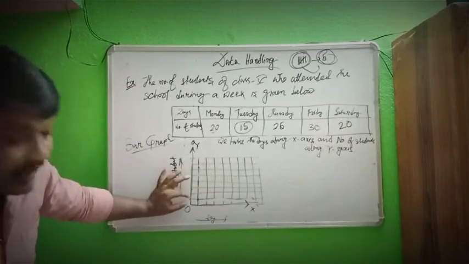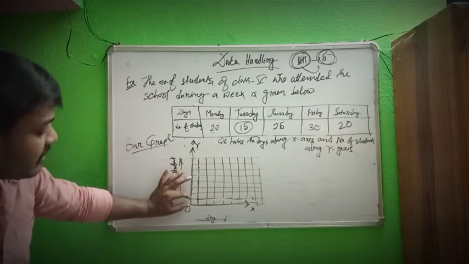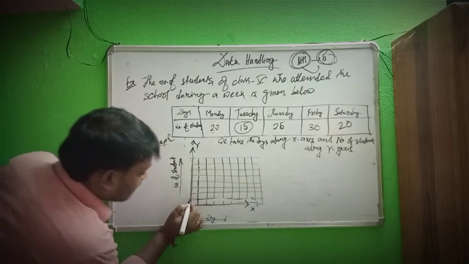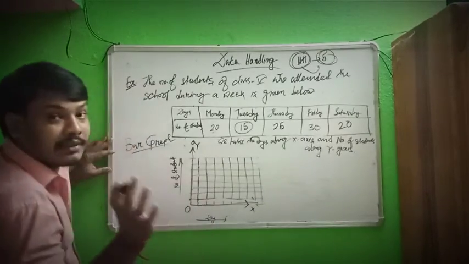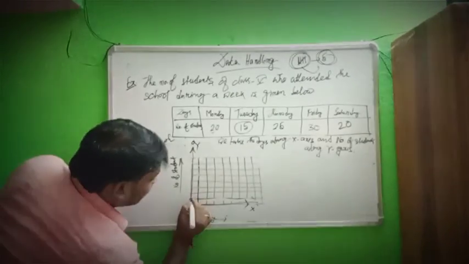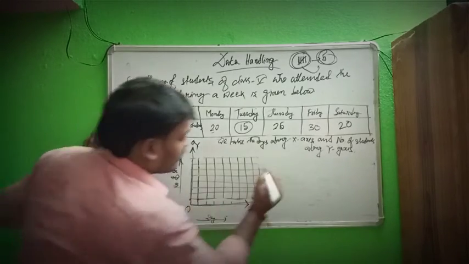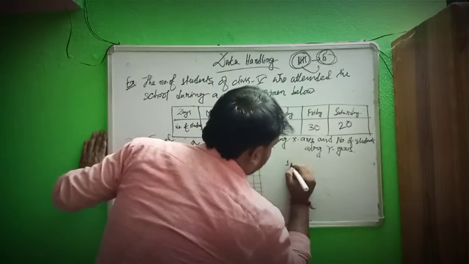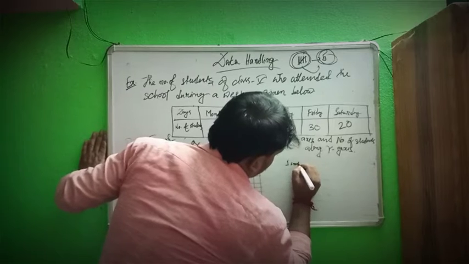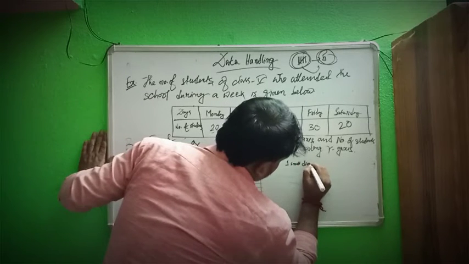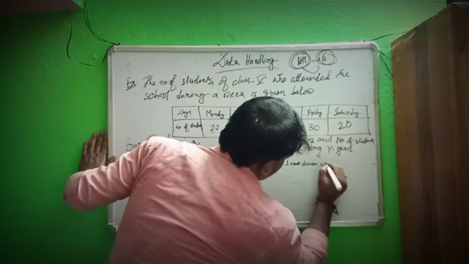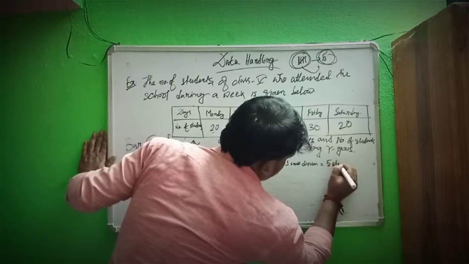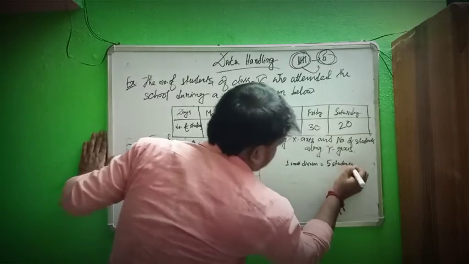So if we draw a bar graph, we need to choose one scale. What does this division represent? This much length defines how many students? So we will take here one small division equal to 5 students.